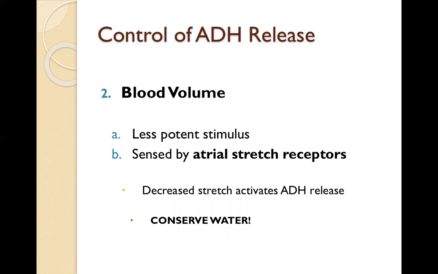If there's decreased stretch in the atria, that indicates that you have less fluid returning to the heart, and that will stimulate the release of antidiuretic hormone to tell your body to conserve fluid.